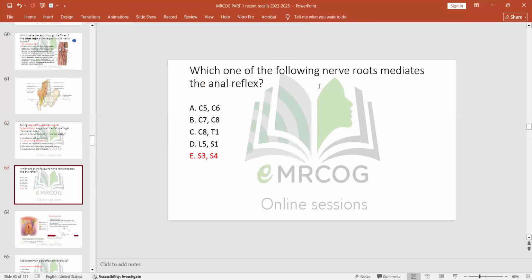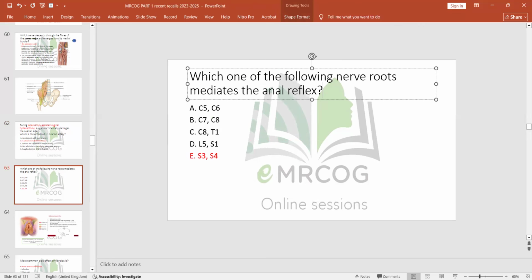Which one of the following nerve roots mediates the anal reflex? This would be S3 and S4. And you remember, of course, that the inferior rectal nerve and middle rectal and superior rectal are of different origins, right?